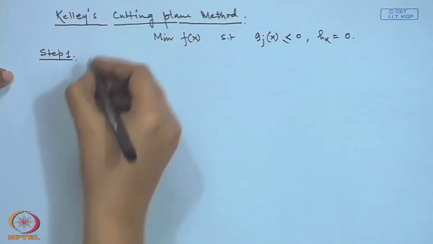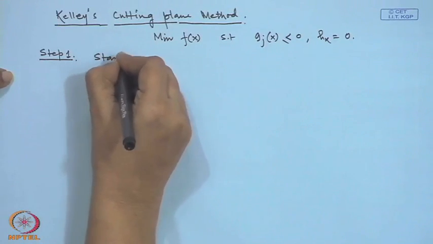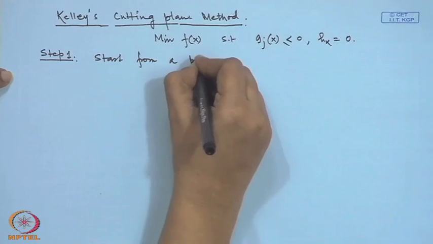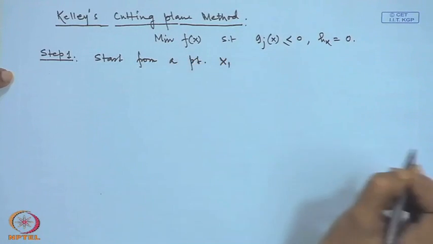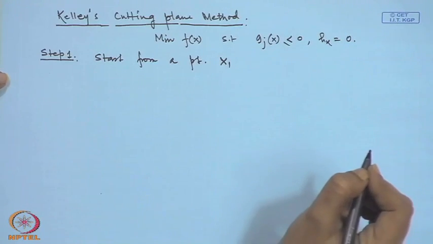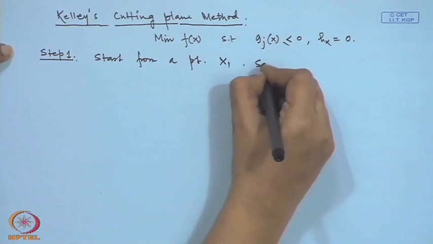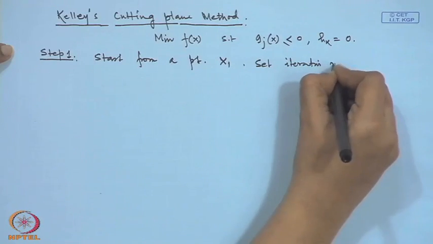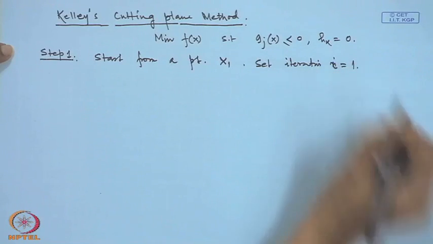We will start from a point x_1, where the point x_1 need not be a feasible point, and let us set the iteration number i equal to 1.